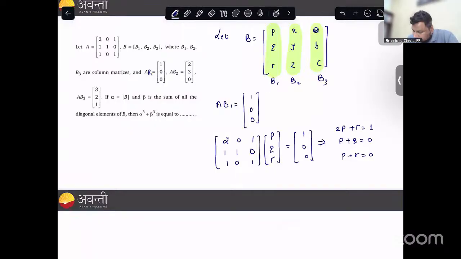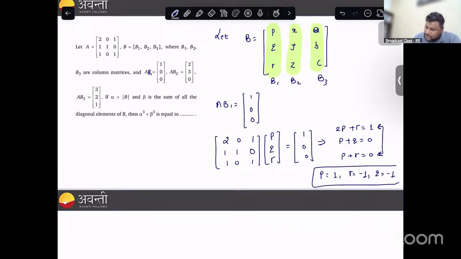Now, if I solve all three of them, first of all, let's solve these two. If you solve these two, you will get P as 1, R as -1, and Q as -1. Am I correct? And now see, for these values, all three equations in PQR are satisfied. Yes or no? P is 1, R is -1, Q is -1.